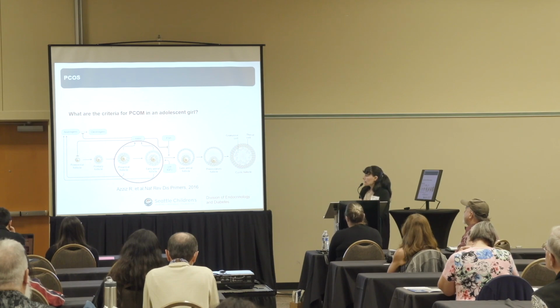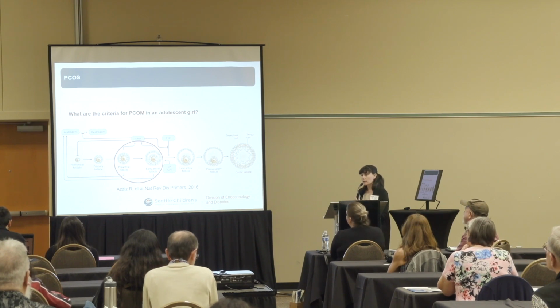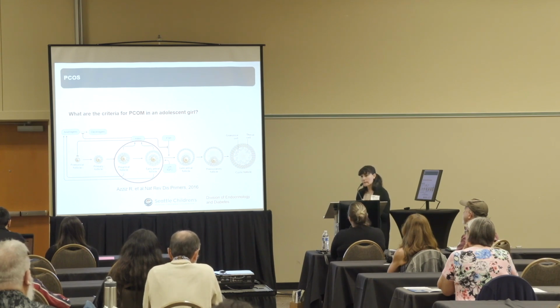In addition to that, those arrested follicles produce anti-Müllerian hormone, which is a hormone that we discuss a lot in the literature of PCOS. What that does, the higher the level of anti-Müllerian hormone, it inhibits the FSH, the hormone that aromatizes androgens into estrogens. And so all in all it leads to a state of follicular arrest and hyperandrogenism.